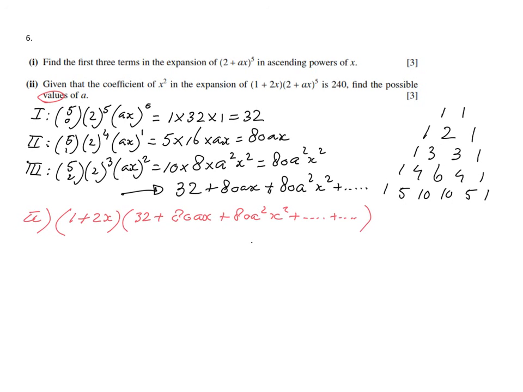Okay, so if I expand this, I'm interested in the term in x squared. Now when am I going to get x squared? Well, 1 times 32 is not going to give me a term in x squared. 1 times 80ax, also not. But 1 times the term in x squared, 80a squared x squared, is going to give me a term in x squared.